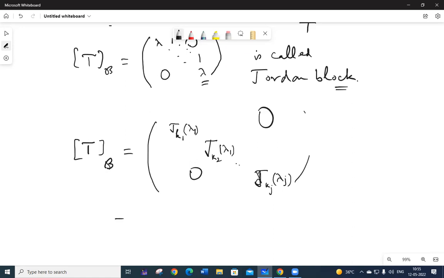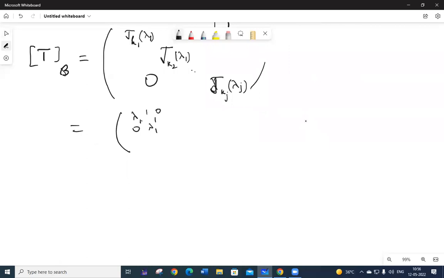Then the matrix of T would look this way: lambda 1 here, ones here, zeros here, and then a second block again with respect to lambda 1 but of order k2, ones, zeros here, and so on.